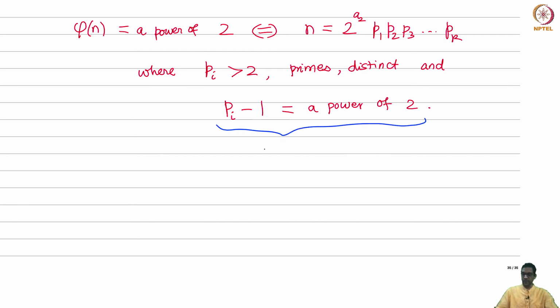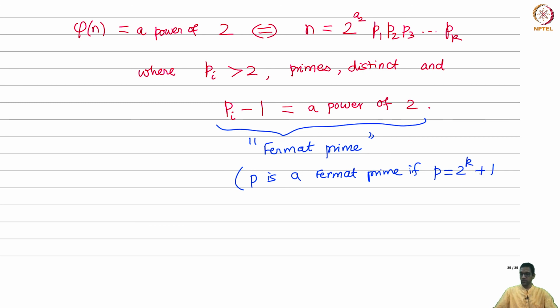This is called a Fermat prime. A prime P is called a Fermat prime if P is of the form some power of 2 plus 1 for some k.